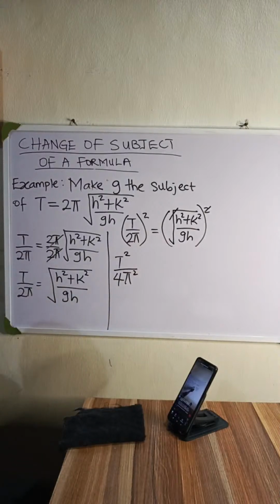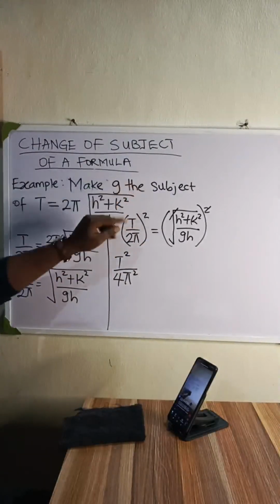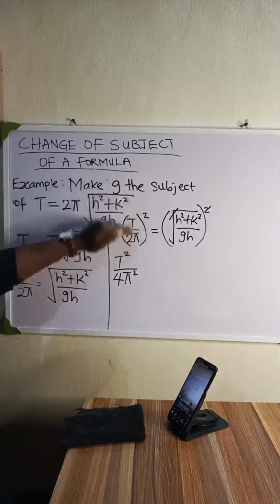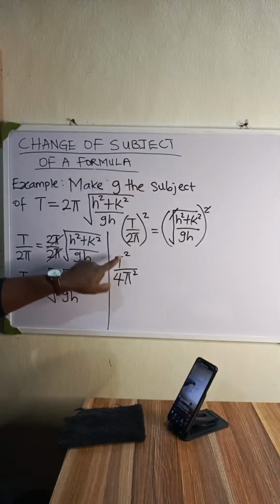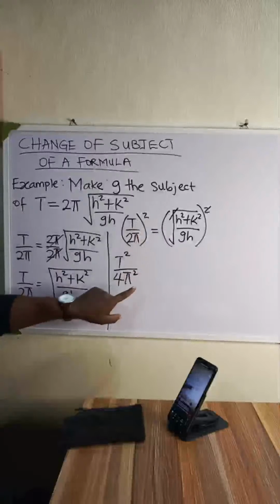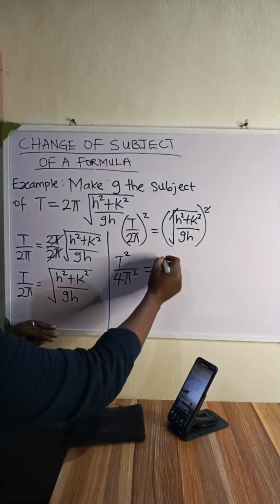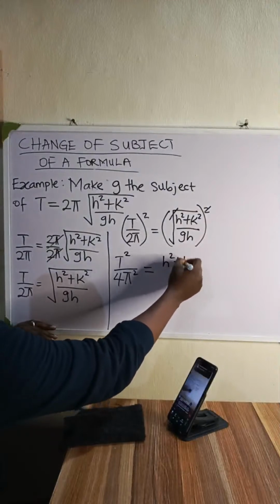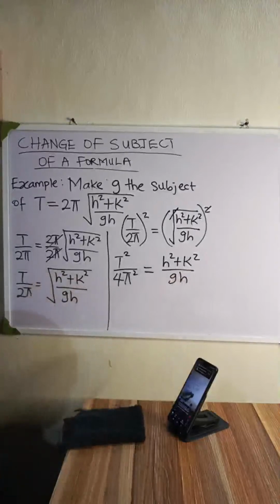Hope that is understood. This bracket means that this square belongs to every value in this bracket. So t square, we have written it down. 2 square means 4, and then pi squared. Okay, so it's equal to h squared plus k squared all over gh.